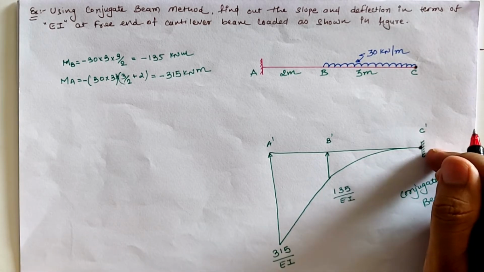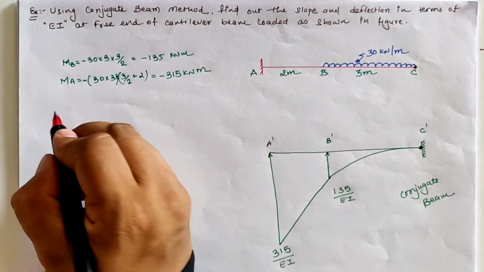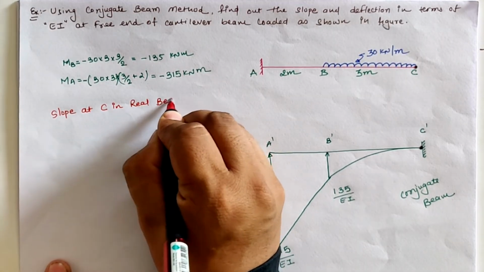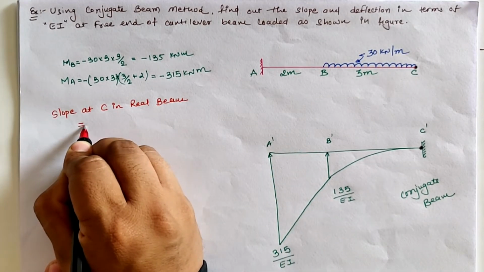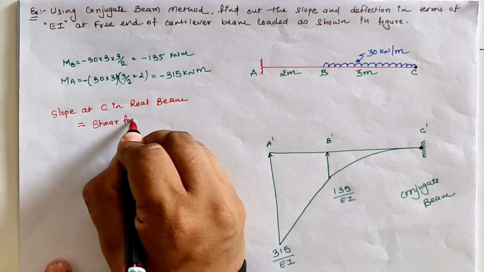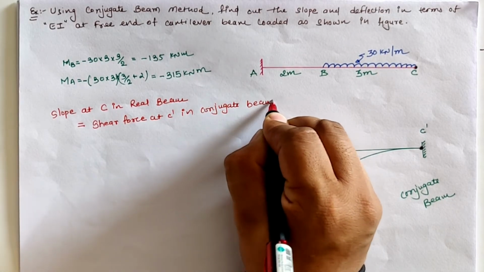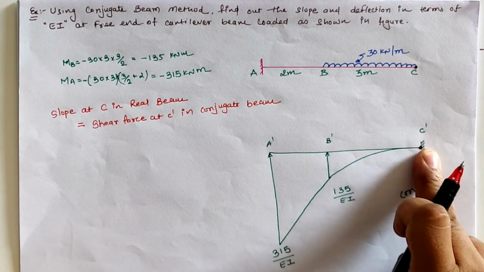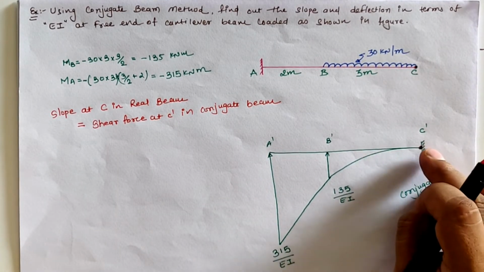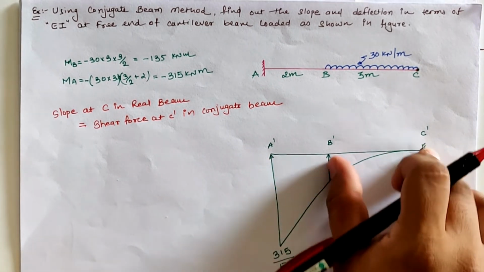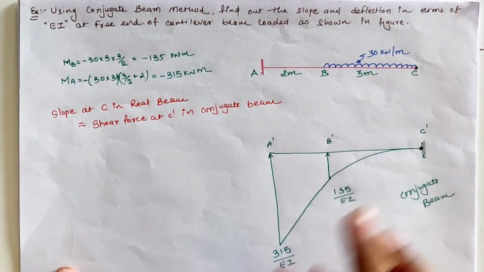So the slope at C in the actual beam is given by the shear force at C dash in this conjugate beam. So for the shear force at C dash, if we take the left hand side direction, the loading is in the upward direction, so our value is positive.